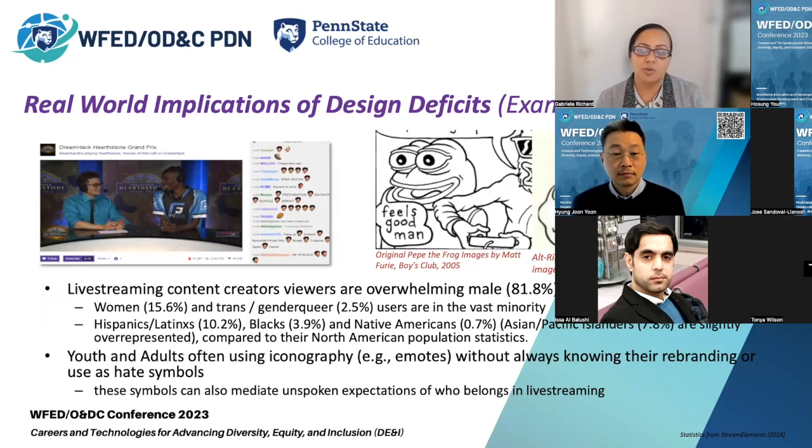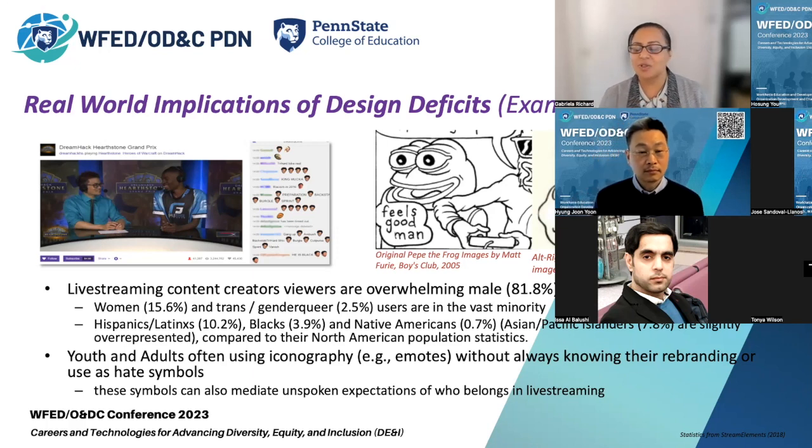There was a rebranding campaign of a popular character called Pepe the Frog, who was designed by Matt Furie as part of his comic book in the early 2000s, and later it was rebranded to be a hate symbol that was used quite a bit as an invisible cultural symbol in live streaming.